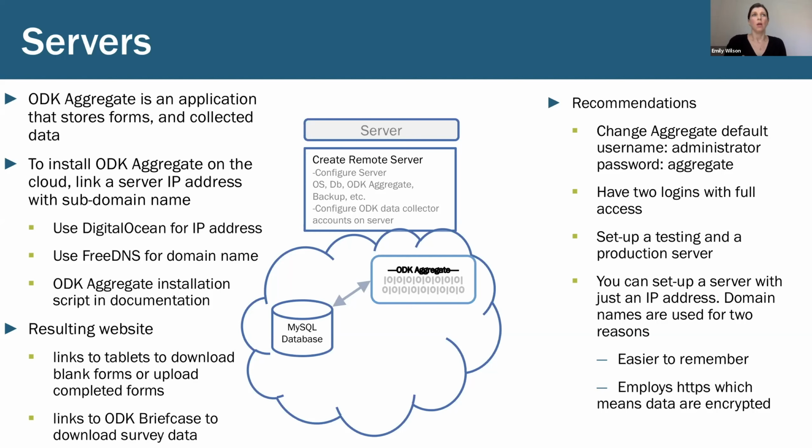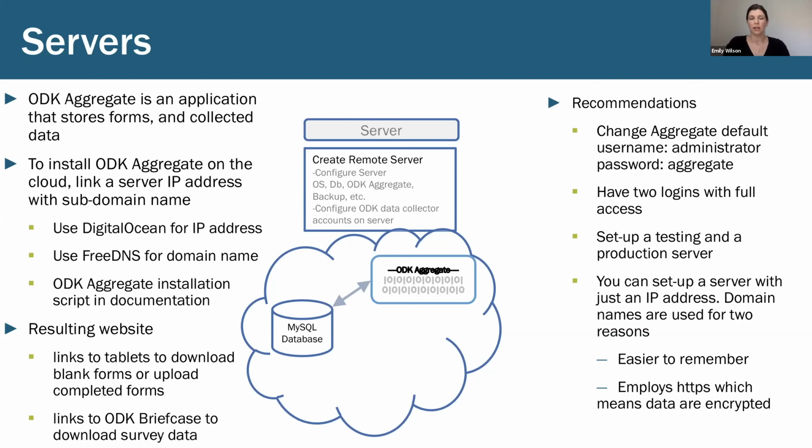And then we have had some success setting up 2 servers, one as a testing server, and you could even just keep the IP address. You wouldn't have to put a domain name on that. That's just for people to make sure their forms are working correctly and to be able to test it. And then a production server where your final data will go.